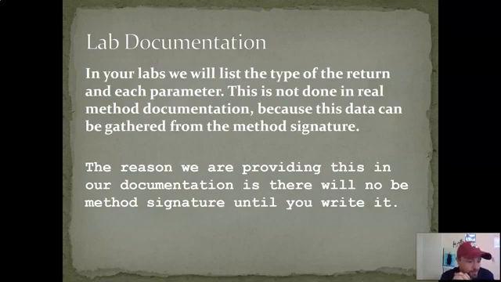So we'll be giving you extra information. But in the real world, you would not list the type of the param or the type of the return. It is inferred from the signature of the method below it. But since that signature doesn't exist because you haven't written it yet, we will be providing you the types that we want as the return and for the parameters.